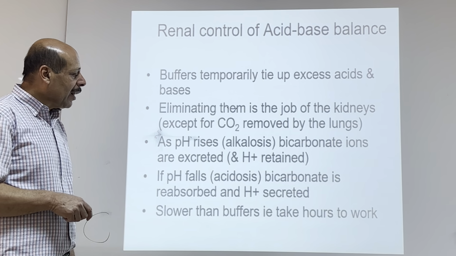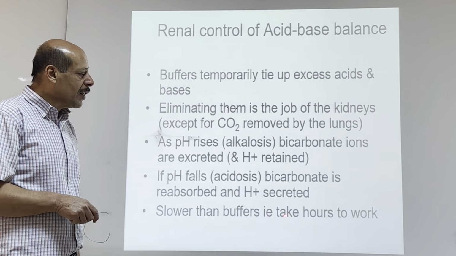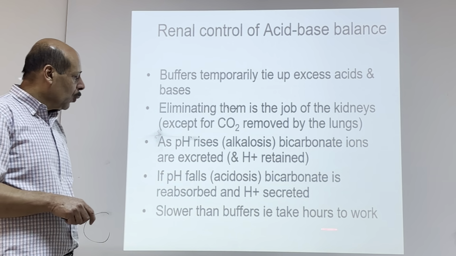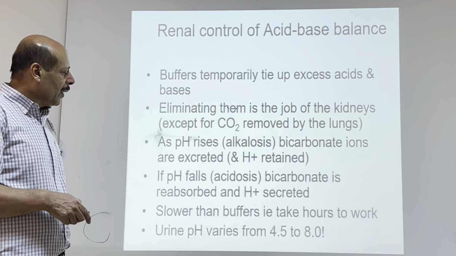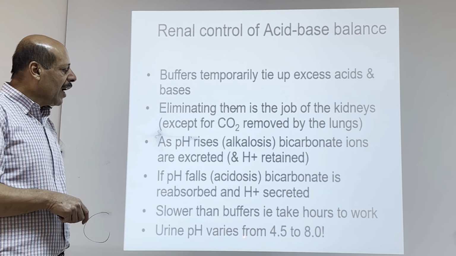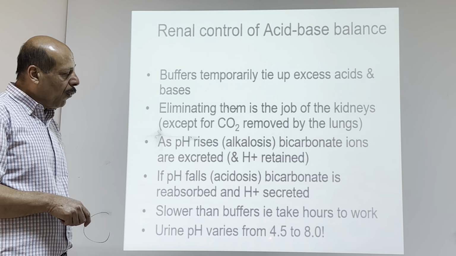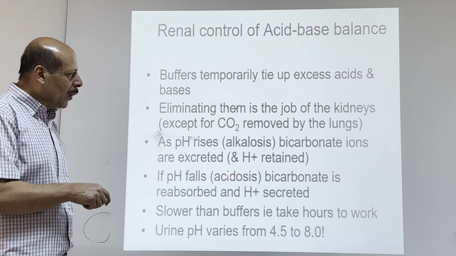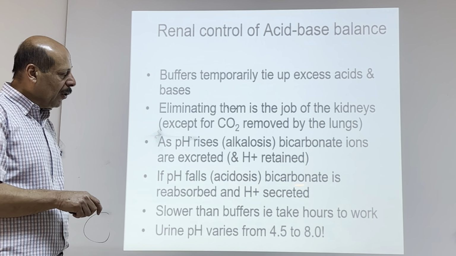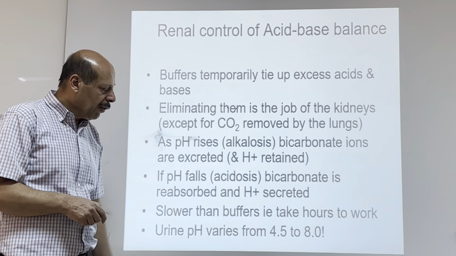It is slower than the buffer, that's to say it takes hours to work. Urine pH varies from 4.5 to 8 according to the metabolism and according to the pH of the blood.